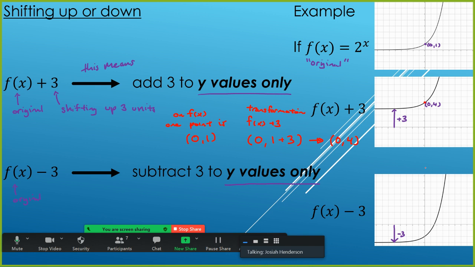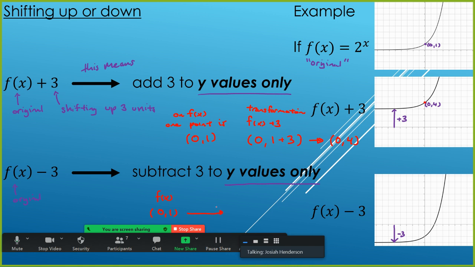And likewise, if we do it with the minus version below, the same thing is working there. So originally, back to the top picture, we've got 0, 1. On f of x, we have 0, 1.